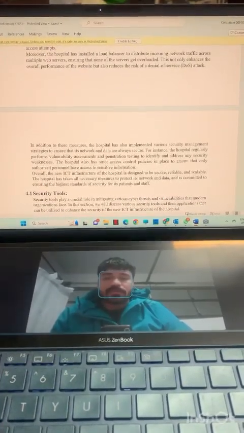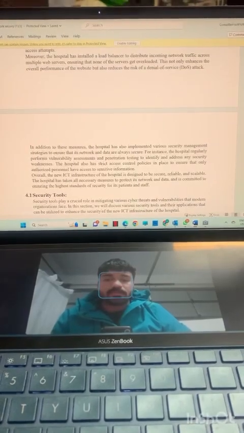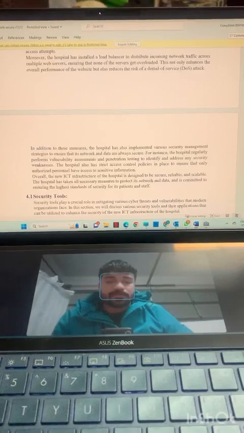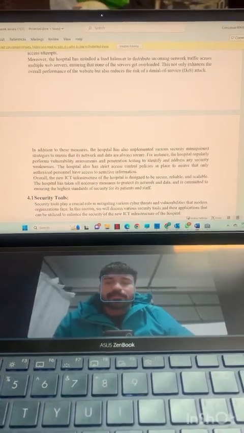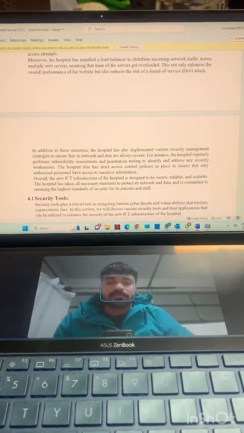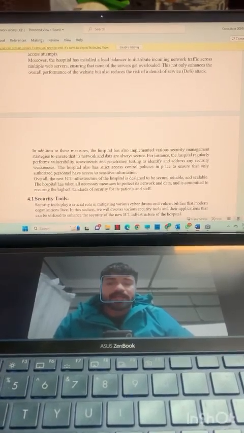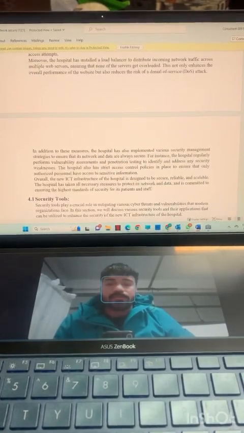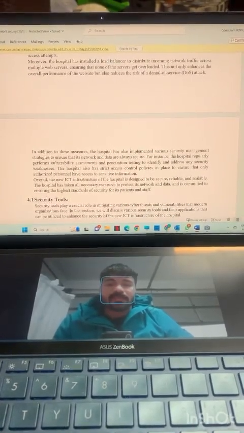Overall, the new ICT infrastructure of the hospital is designed to be secure, reliable, and scalable. The hospital has taken all necessary measures to protect its network and data and is committed to ensuring the highest standard of security for its patients and staff.